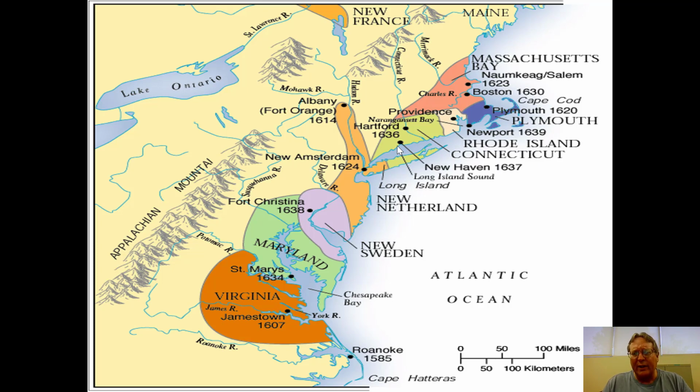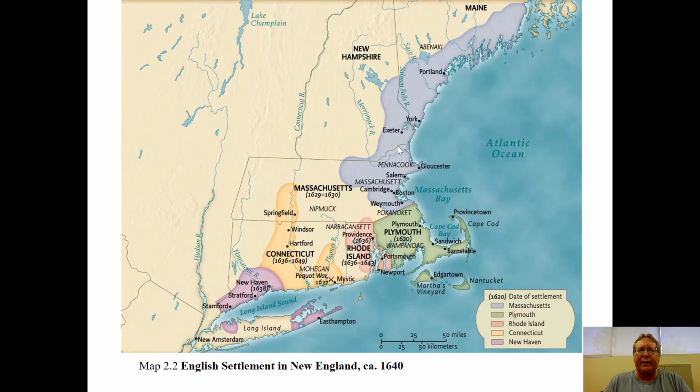So to focus in on this and help explain what's going on here, look at this close-up map, a little bit more of an actual geographic map with much more defined areas. Here we see that for the most part, what happens in this New England region only takes about 20, 30 years max to create about 5 different colonies. What we'll know of is the states of Connecticut, Rhode Island, Massachusetts, New Hampshire, and eventually Maine.